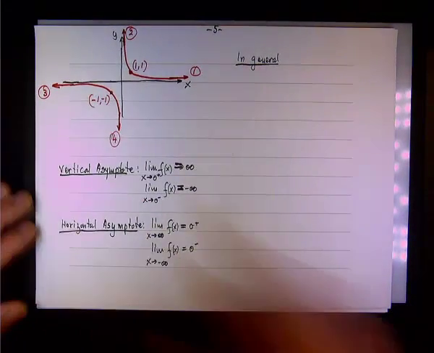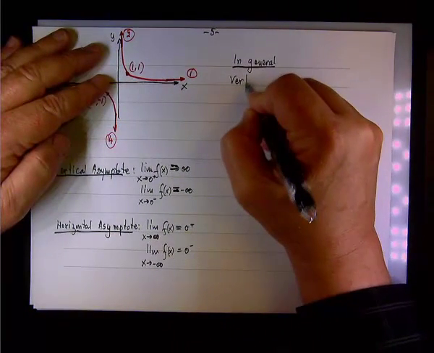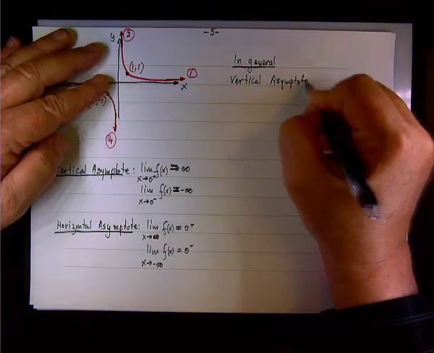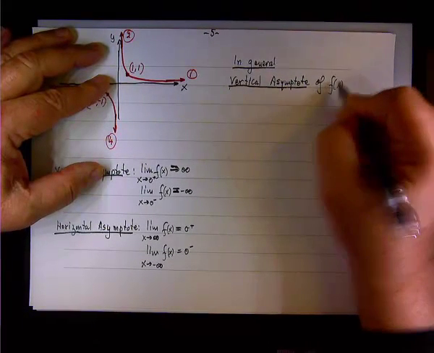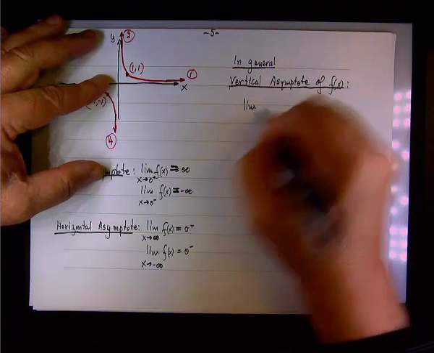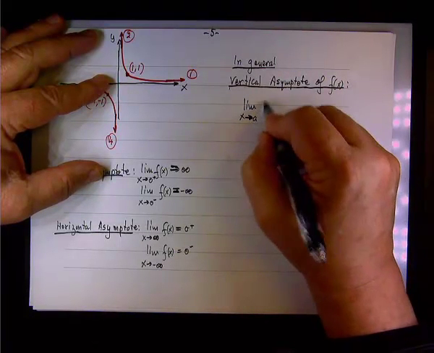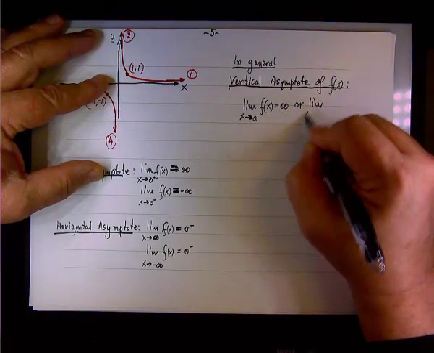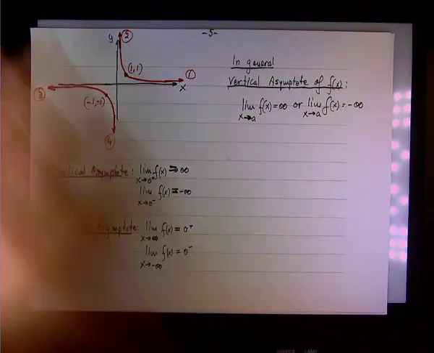This is one particular case where the x and y axis are the asymptote, but the more general case for the vertical asymptote, for a generic function f of x, we're going to have the limit as x approaches a of f of x equal to infinity, or as x approaches a, f of x equals negative infinity.